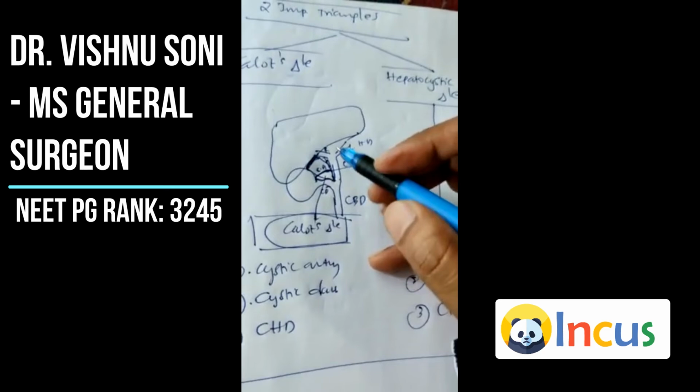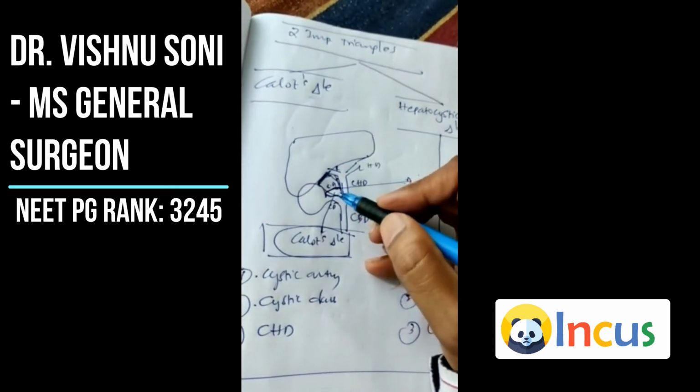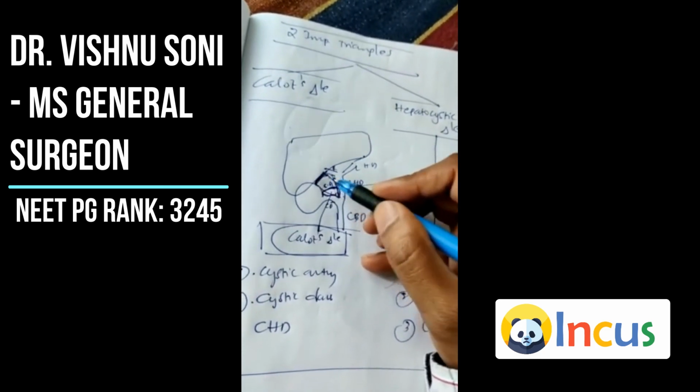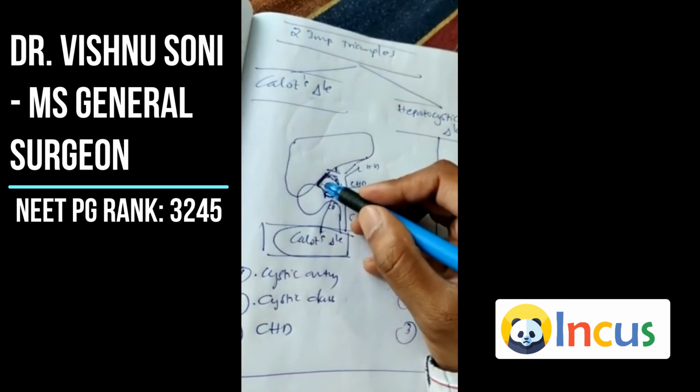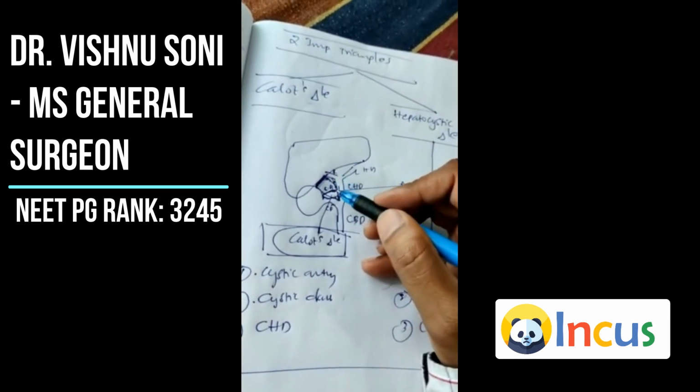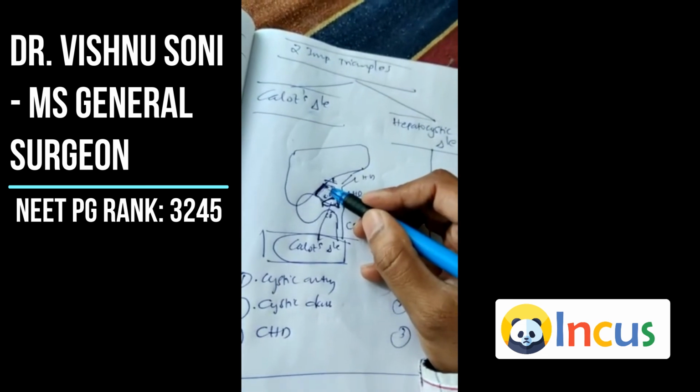So basically Calot's triangle is a smaller part of the bigger hepatocystic triangle.